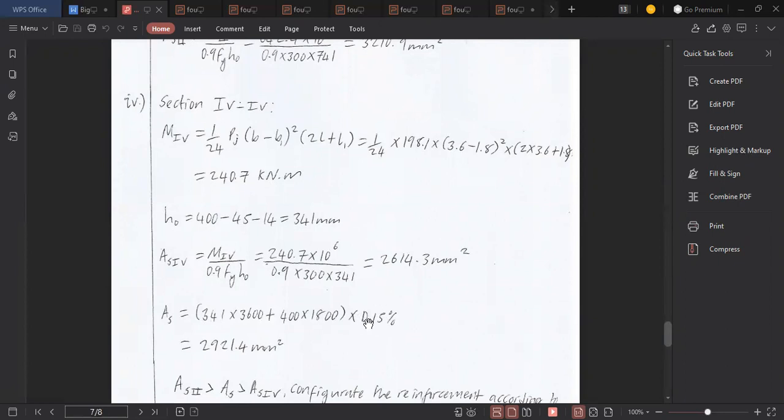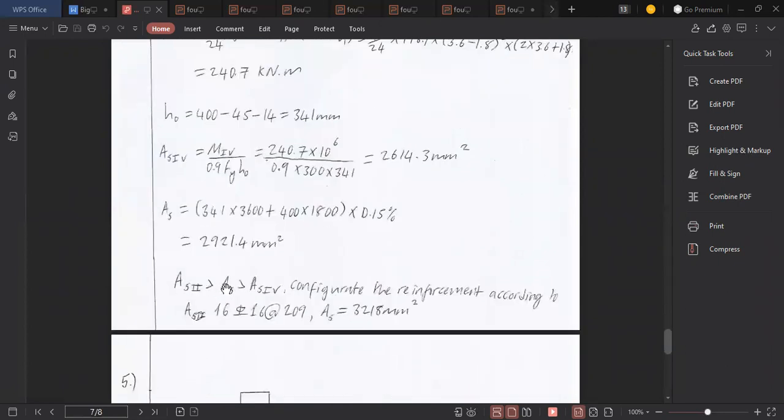So 0.15% means 0.15 divided by 100. It's not 0.15, otherwise you find a big value, but 0.15 divided by 100. Then you check for the biggest one, and from the biggest one you choose your design ratio.